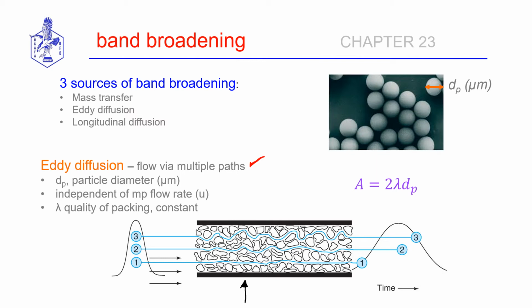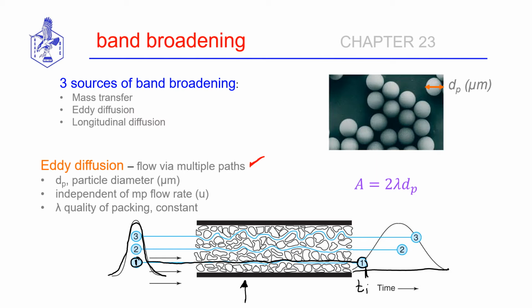Okay, so we have a distribution of molecules of the same species coming into the column. The first molecule is going to experience this path as it flows through the column, and it's going to come out early. In terms of time, it's going to come out right here, time 1. It's going to be the first one to get through the column.